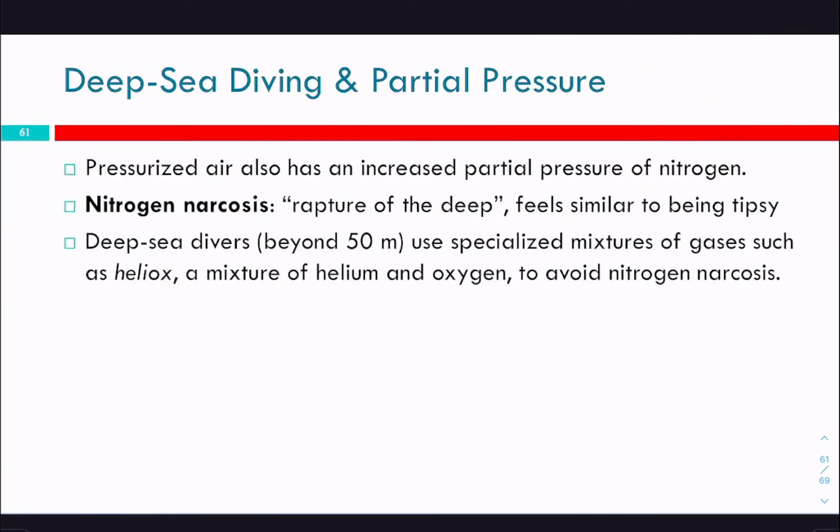But at higher and higher pressures, you start to dissolve more nitrogen into your blood, which is called rapture of the deep, and apparently feels similar to being tipsy. So instead, you use heliox, a mixture of helium and oxygen, instead of nitrogen. That's why deep sea divers always sound funny, because their voices are all high pitched.